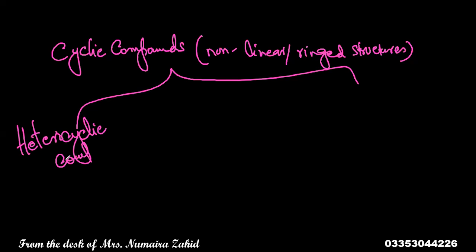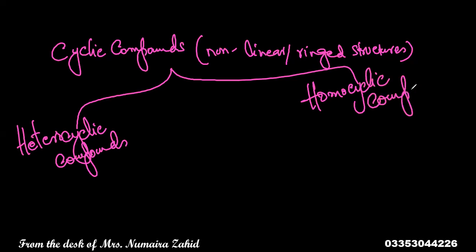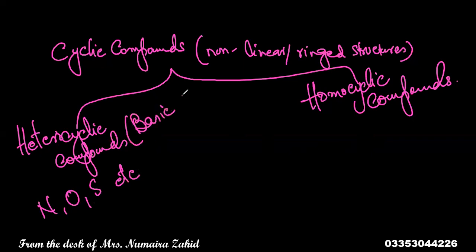Heterocyclic compounds and homocyclic compounds. Okay. Heterocyclic compounds are the organic compounds with a carbon ring structure containing at least one other electronegative element, like for example, nitrogen, oxygen, sulfur, etc. So it has a basic carbon chain with any one or more electronegative element.